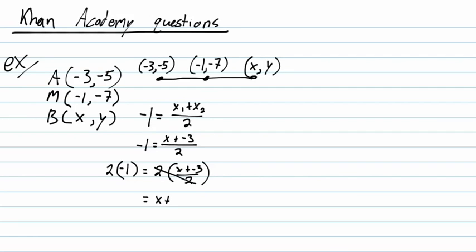You just have to rewrite it. Simplify the left side. Then I add over 3. So my x coordinate for B is 1. Now I just have to find y.